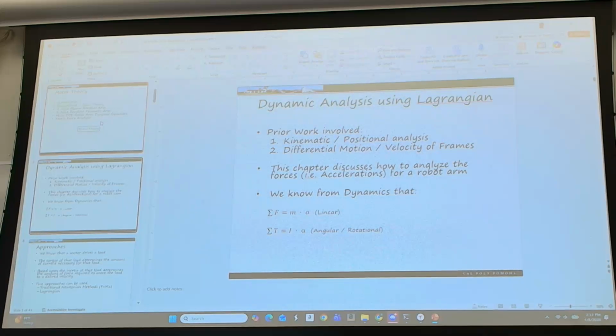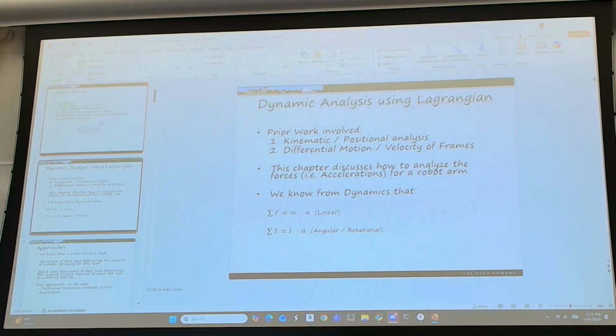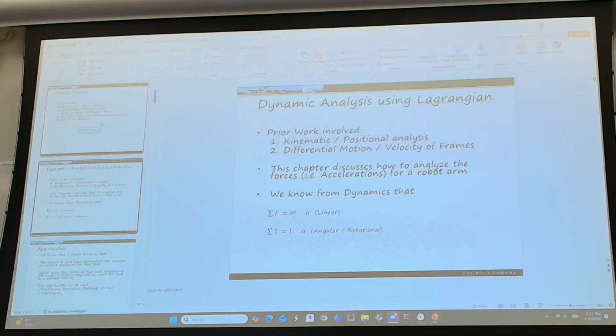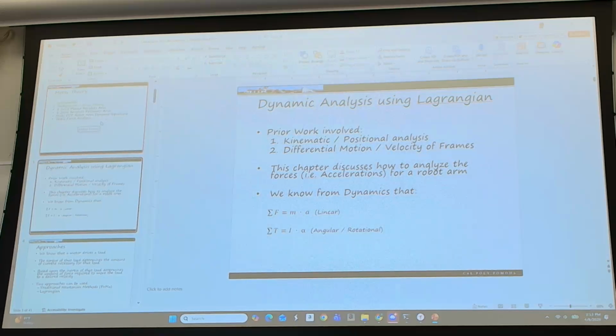So we think about what we've done. We said potential energy, kinetic energy, as a function of motion. Motion is described as differential motion. So what did we just get done talking about? Differential motion. How the D vector relates to the joint vector, or the joint space.